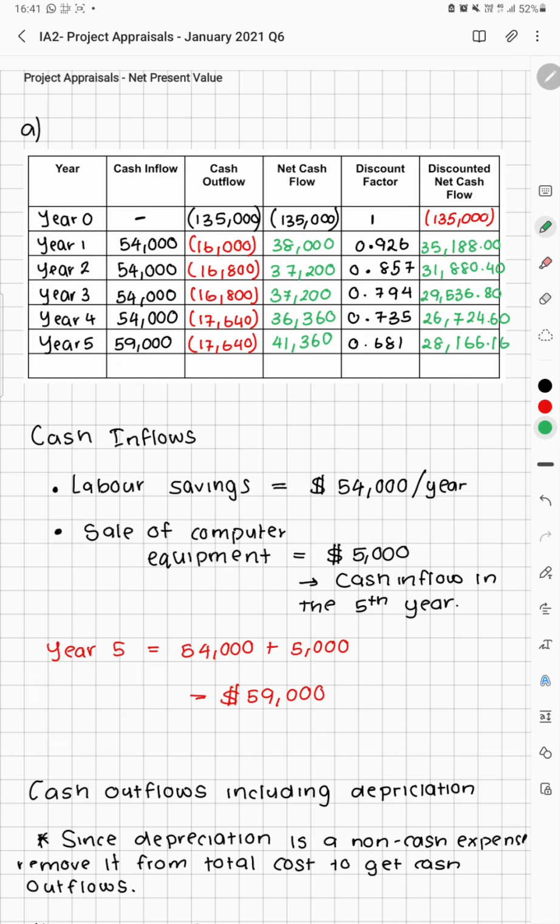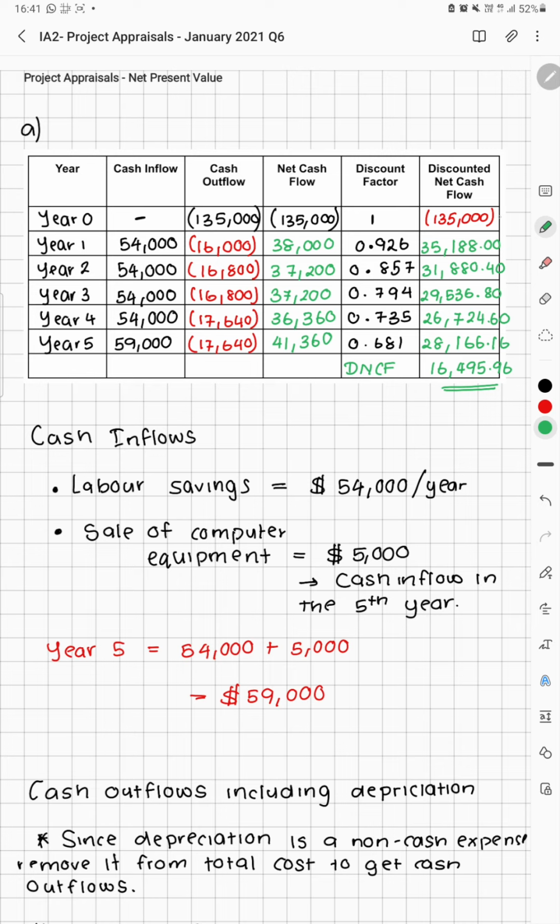Okay, so all we need to do is then solve this. So the total outflows plus all our inflows, we have to see what our net present value is. So the discounted net cash flow will be equal to a positive 16,495.96. What this figure means is that after 5 years this project has saved this company 16,495.96.